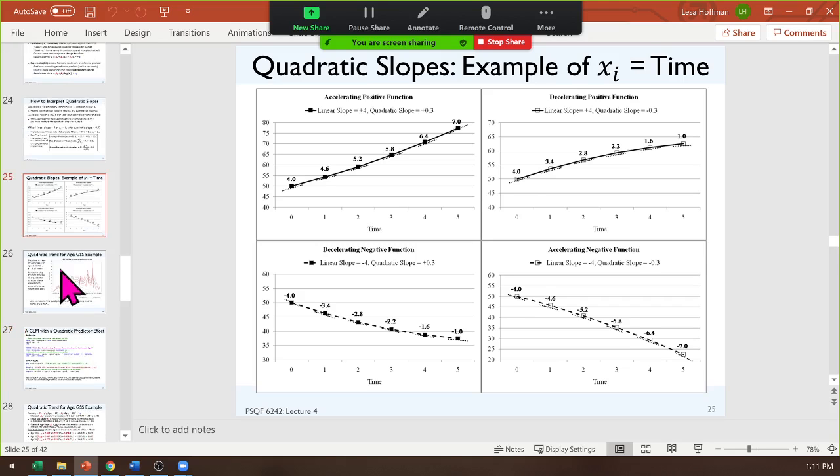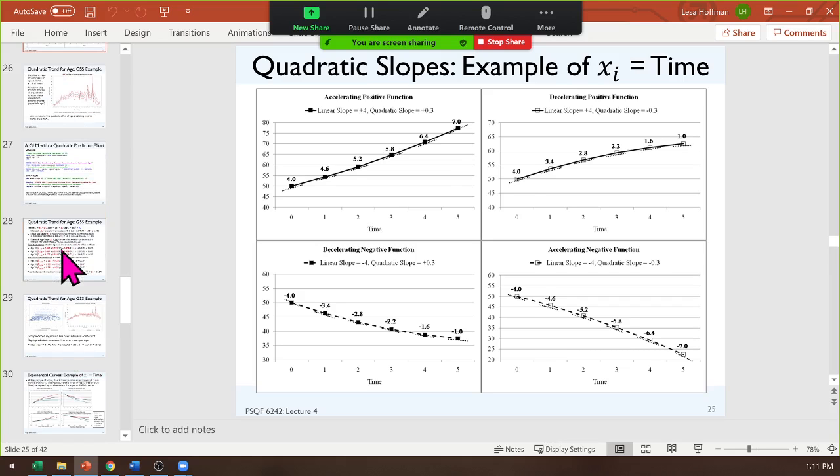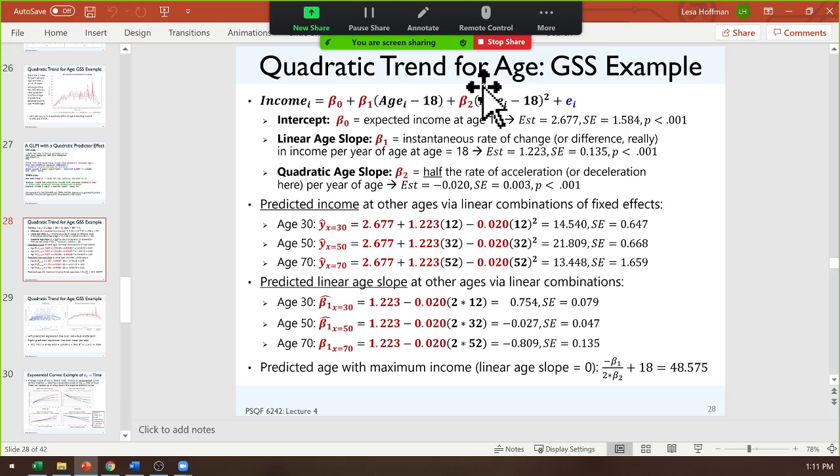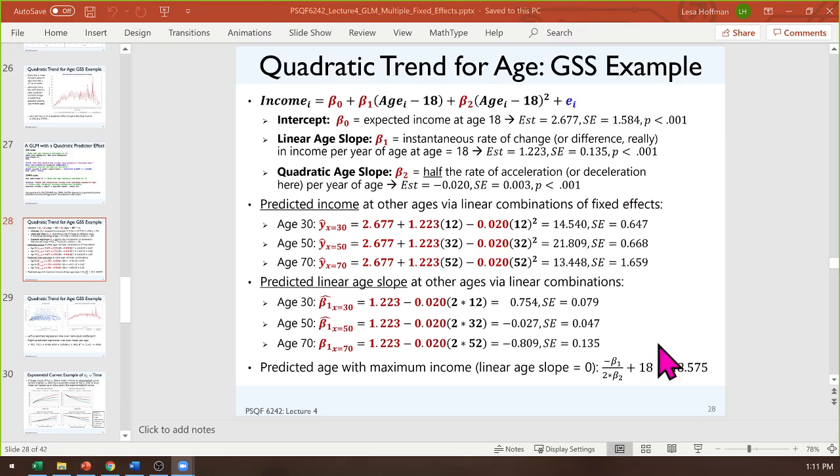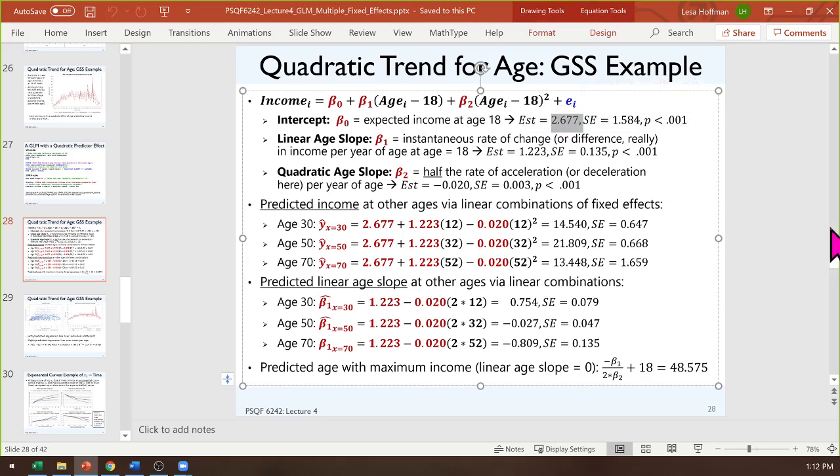So in our example, for instance, here is slide 28. Let me hide the controls here so we can see this a little better. These are the results of the model when fit to the example data that we've been playing with, predicting income from age. In this example, age is centered at 18. So that means that my intercept, which was estimated at 2.6, is the predicted Y for an 18-year-old specifically.